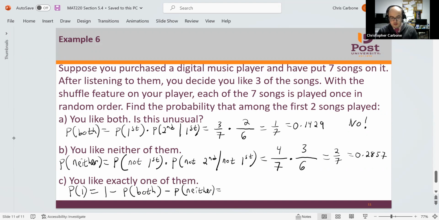So 1 minus 1/7 minus 2/7. This would give us a remainder of 4/7, or as a decimal, 0.5714. So a much greater probability that you like only one of them.